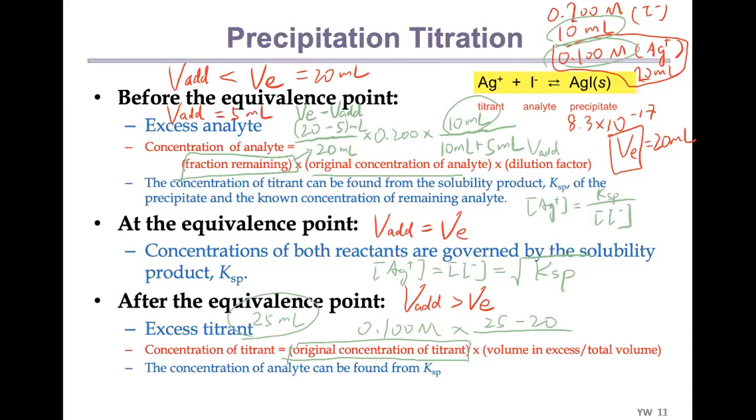What is the original volume of the solution? It's the iodide part, right? Yes, so originally it's 10, and we added 25. Now the total volume is 35, okay? Make sense?